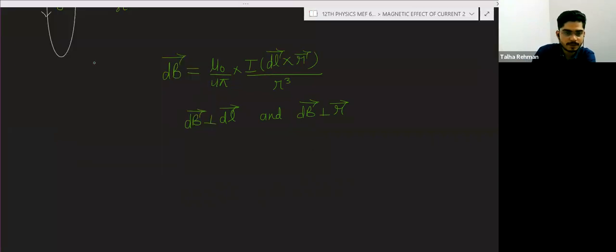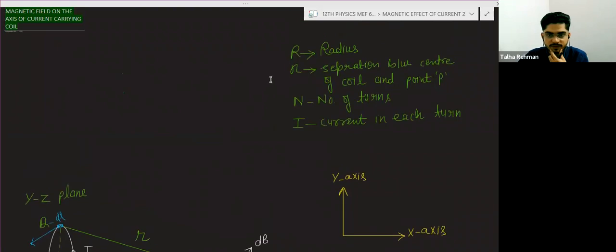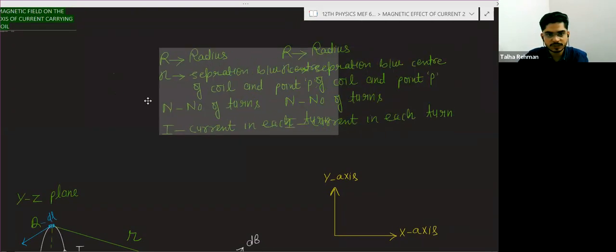So the magnetic field at point P due to current element dl: dB will be the magnetic field at point P. This is equal to mu naught divided by 4 pi, I dl sin theta divided by r square. So just write all these terms here.